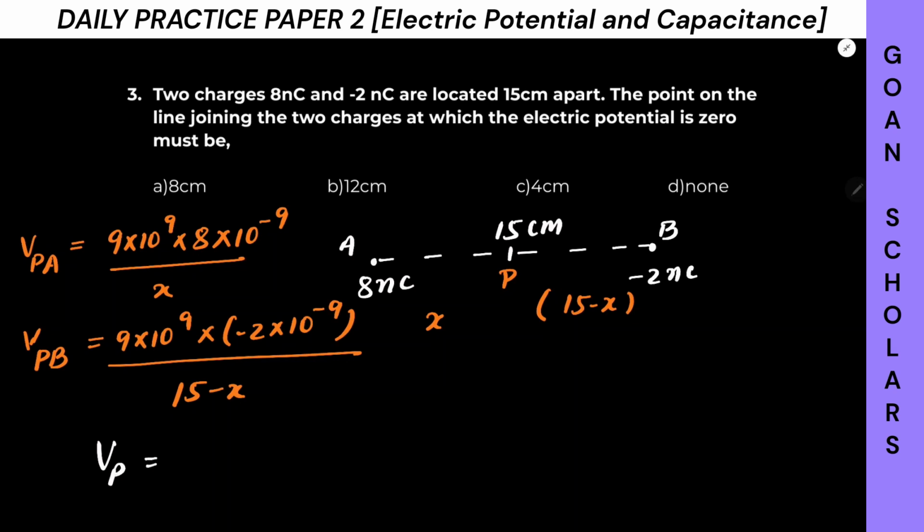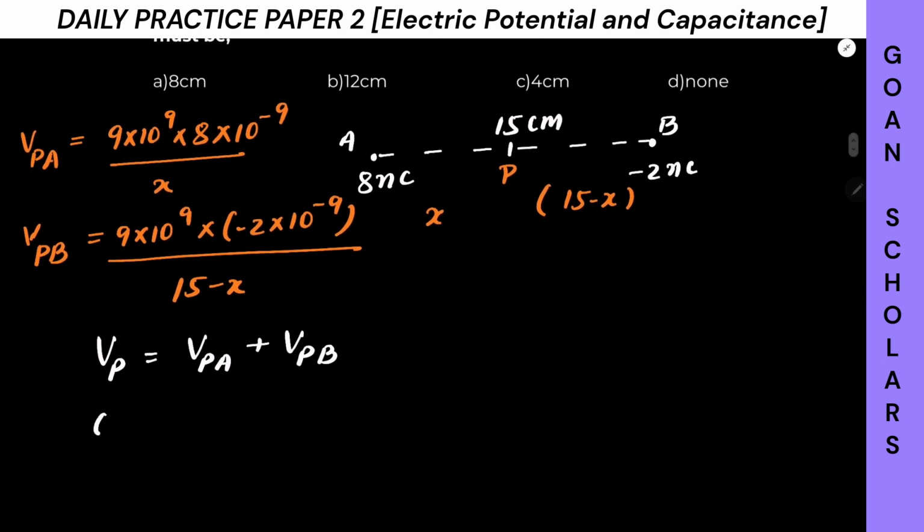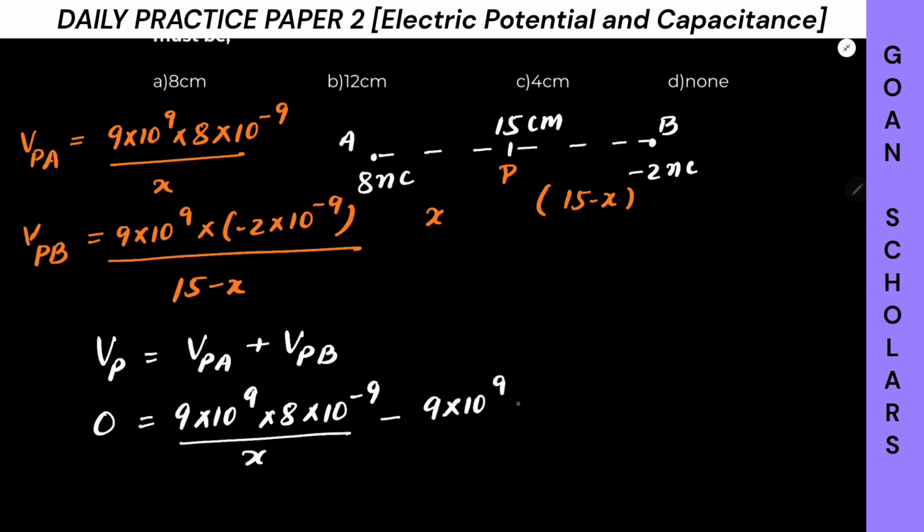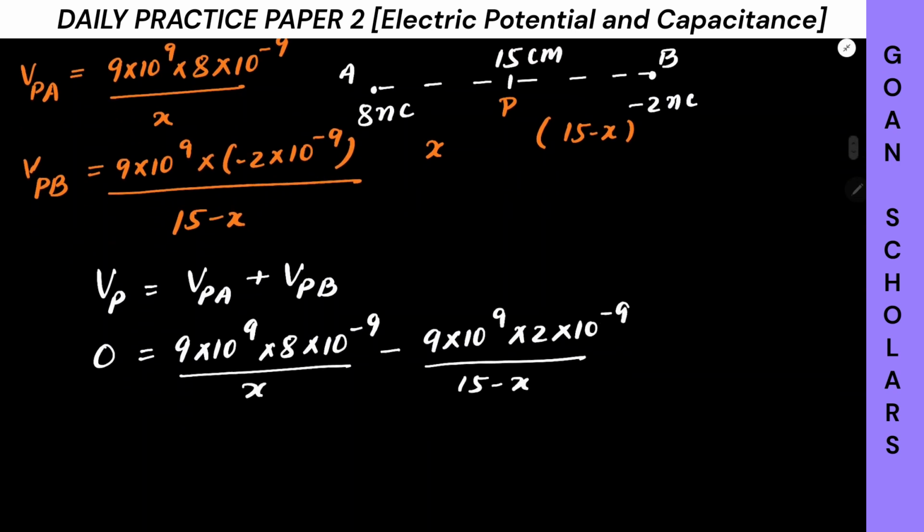Now, what we will do? We will add them. So, net potential at P will be VPA plus VPB, and this is 0, right? Equals VPA, 9 into 10 to the power 9 into 8 into 10 to the power minus 9 whole divided by x, minus 9 into 10 to the power 9 into 2 into 10 to the power minus 9 whole divided by 15 minus x.